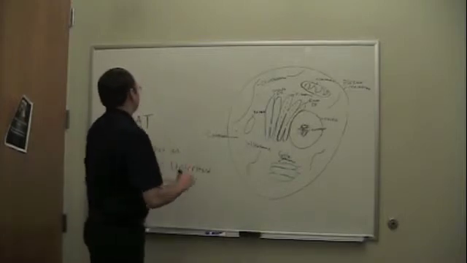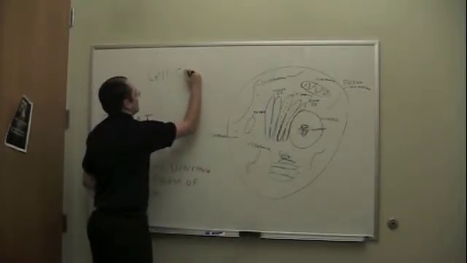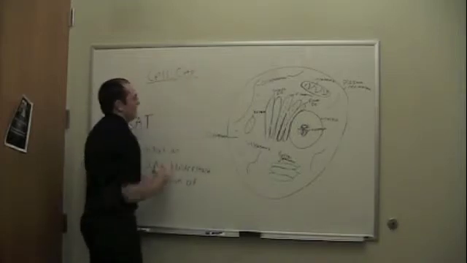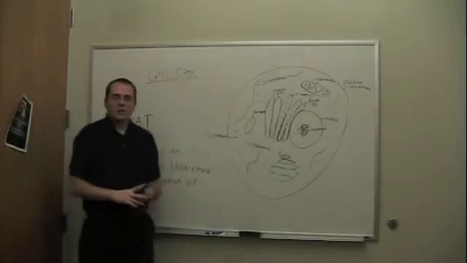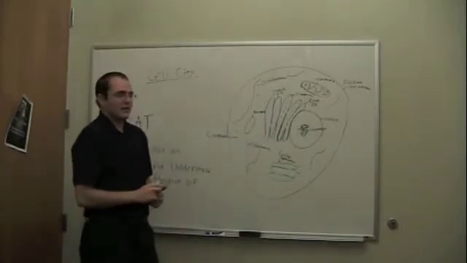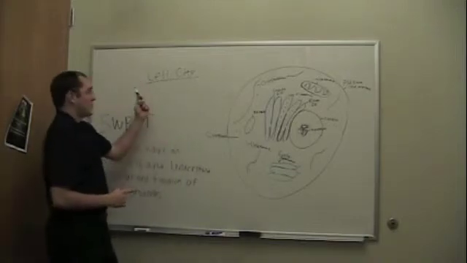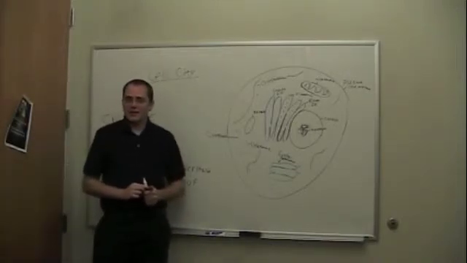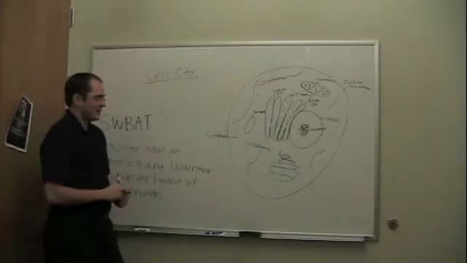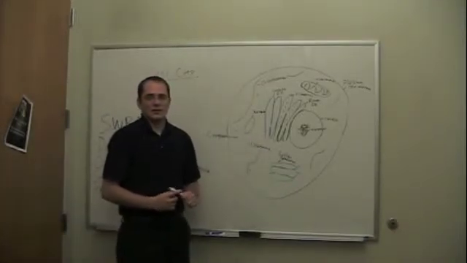First, we're going to talk about what we're doing. So this project is called the Cell City. Alright, what we're going to be doing is we're going to be connecting the cell and all of its organelles into our outside life. Now your project does not necessarily have to be a city. It can be whatever you want to connect, but you have to connect all of the organelles within the cell.